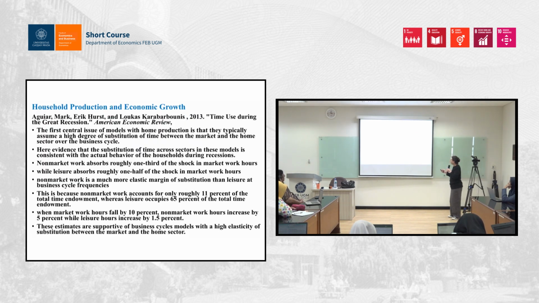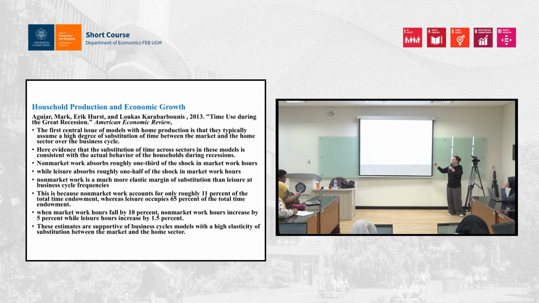So if you don't have questions on this paper, as I have been telling you all these tips, I will only read the last slide, summarizing, and then I go to expenditure versus consumption. In the one we have just seen about home production and recessions, the conclusion is that people are substituting time between the market and the home sector during the business cycle.